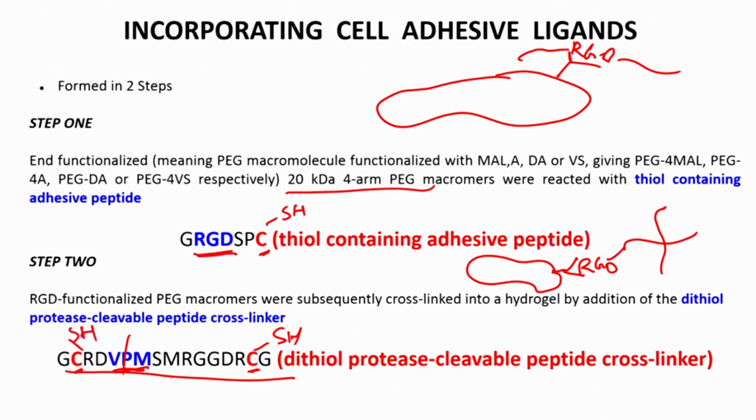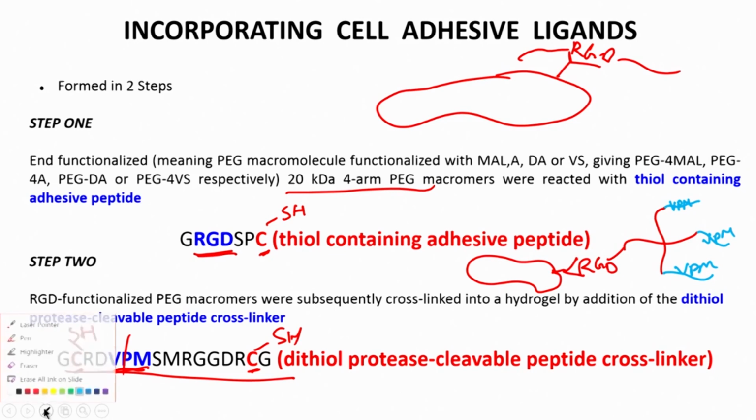If I use another color, now you have a chain containing VPM from the rest of them, which will then be bonded to another 4-arm PEG.